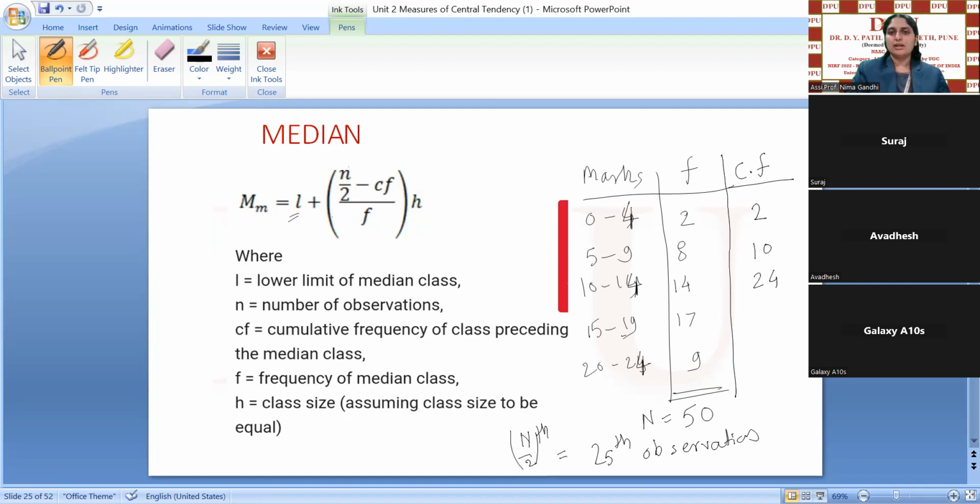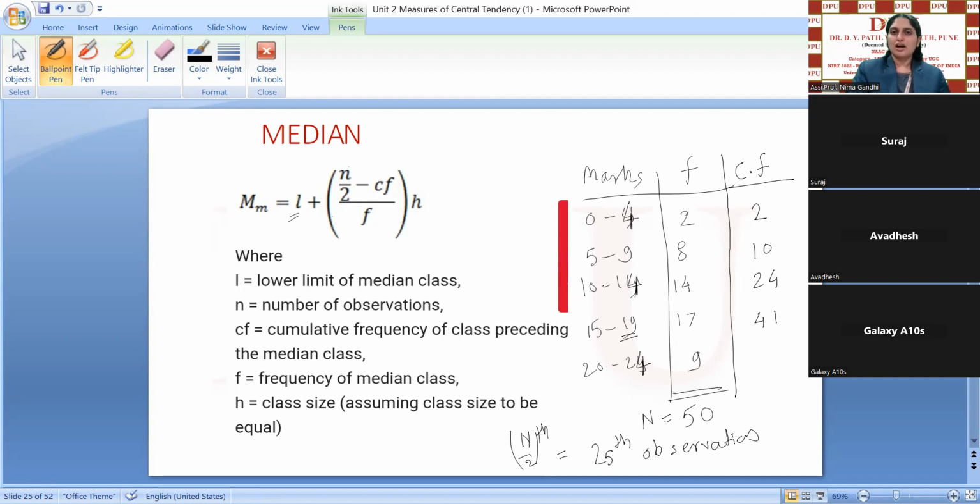Below 19 means you have to add all the observations till 19. So 17 plus 14 plus 8 plus 2 is the total number of observations you have up to 19, or below 19. So here 24 plus 17, that is 41.